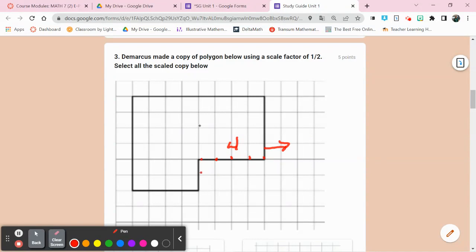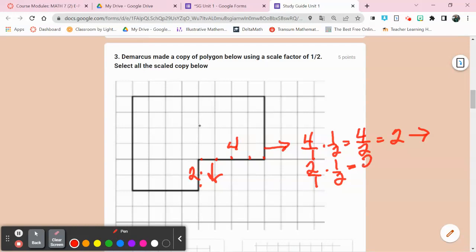And right here, 1, 2. 2 down. A scale factor of 1/2, 4 over 1 times 1 over 2 is 4 divided by 2. So the side going across should be 2.